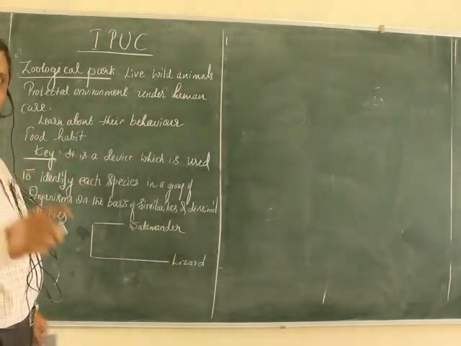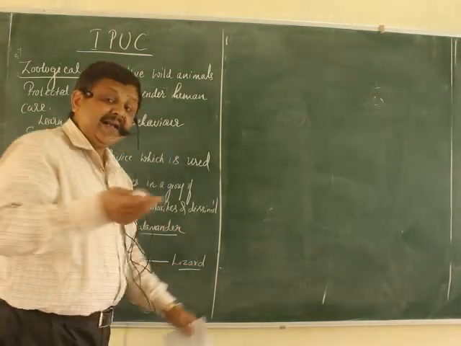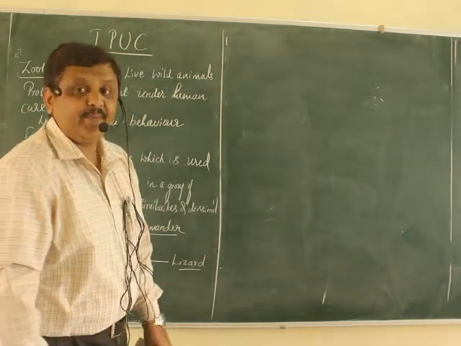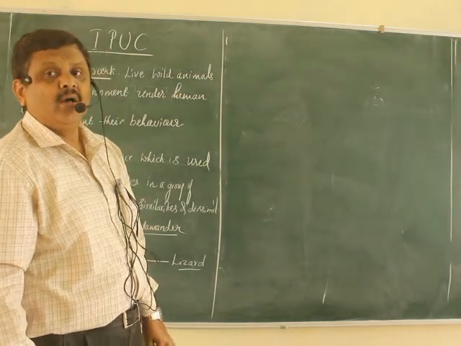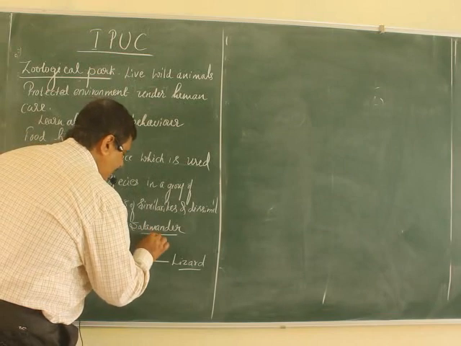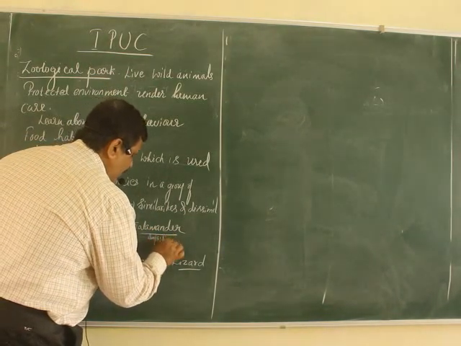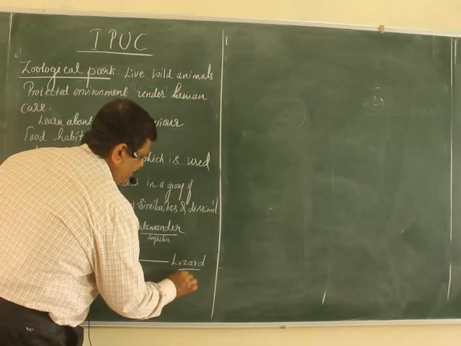One thing you remember, both the salamander and lizard are lizard-like organisms. How it looks, lizard-like. But the salamander is kept in amphibia, and the lizard is kept in reptiles.